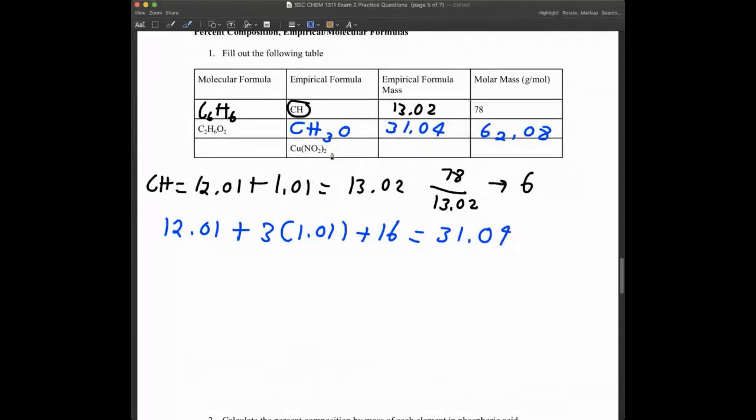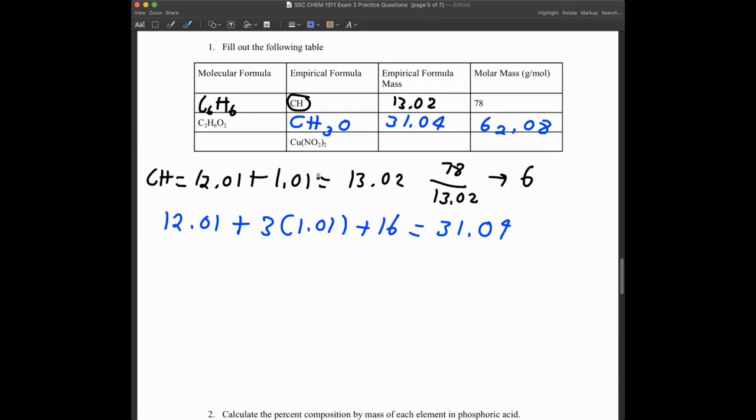So let's think about this one. The last one is CuNO2. So with that being said, if we have an empirical formula, what can we go ahead and find? Yeah, empirical formula mass.